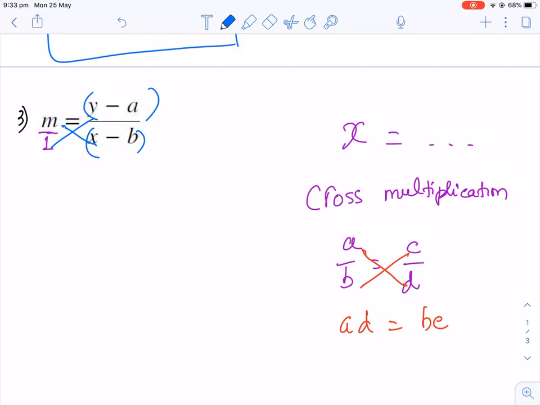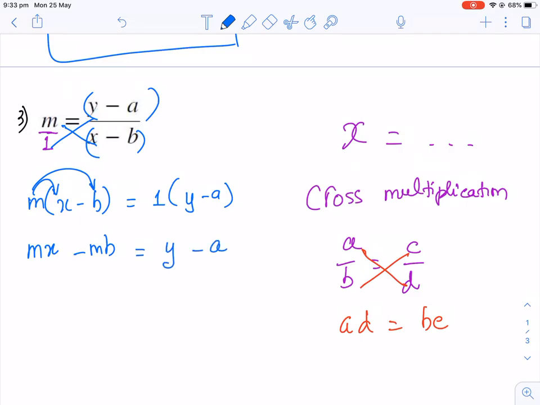So cross multiplication gives me m times x take away b equals 1 times y take away a. And because my x is inside the brackets, I have to expand the brackets. It turns to mx take away mb equals 1 times y, which is y, take away a.